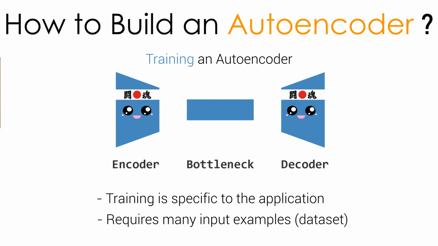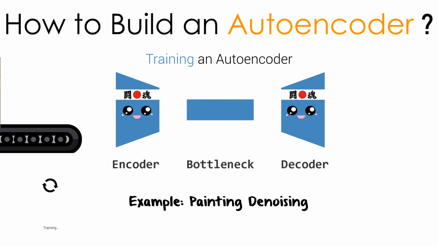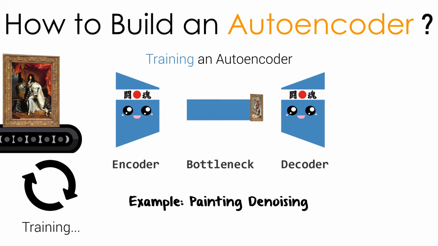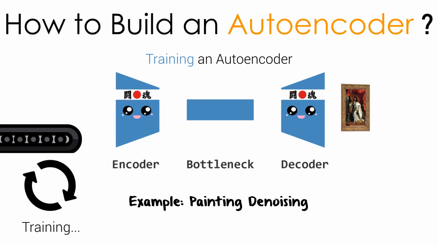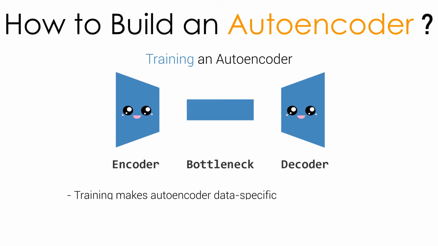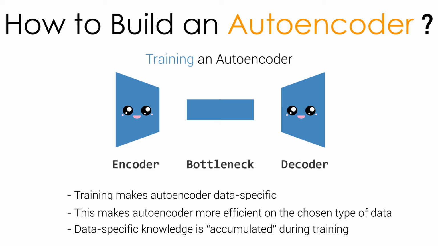For instance, if you want to build an image denoising autoencoder for images of paintings, the training process would require you to feed many painting images to the autoencoder. This training process is the reason why autoencoders are data specific, which can be seen as a drawback. But it's also the reason why they can perform so well on this specific kind of data. To do so, they use the knowledge which has been accumulated during the training process about this type of data.